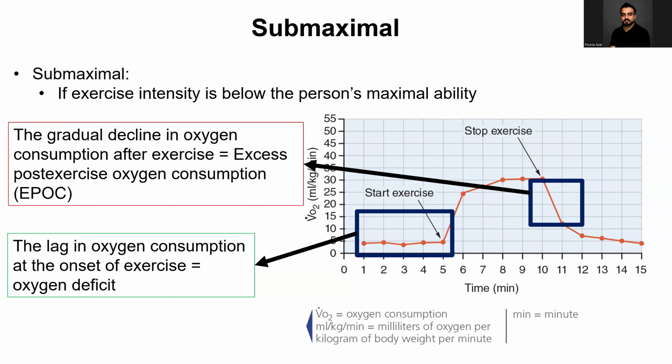Well, at the onset of exercise, our body relies on an anaerobic energy system, which is independent from oxygen. That's why there is a lag in oxygen consumption at the start of exercise or physical activity. And this is called oxygen deficit state or oxygen deficit period.